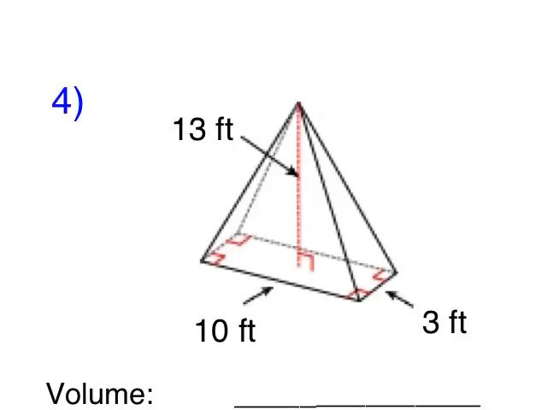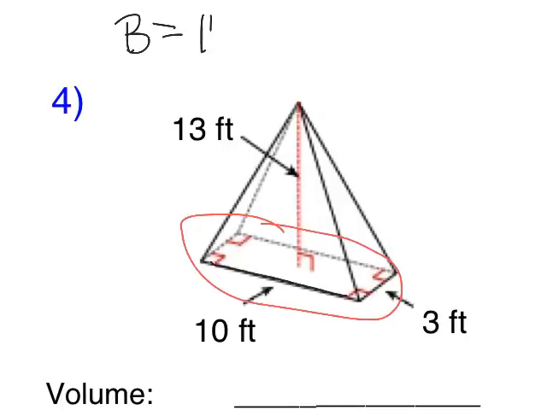Number 4 is asking us to take a look at a rectangular pyramid, and you'll notice that we identify our pyramid, remember, by the base shape, which is right here, and that's a rectangle. So we're going to do as we've done for all of the rest of the volume problems, and we're going to find big B. So that base area, which is going to be 10 times 3, which equals 30.